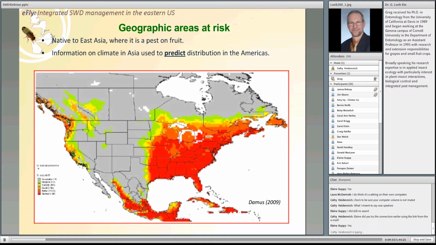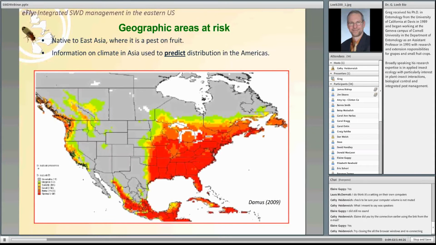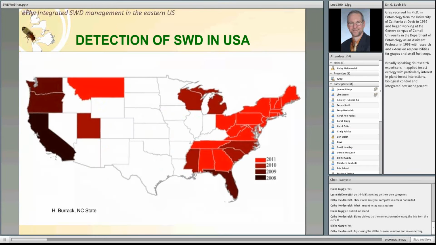So that was the prediction and projection in 2009, and at that time it was really only known from the west coast, and maybe they had an occurrence in Florida. And right here is the current known distribution of this pest, and it actually looks an awful lot like, if I go back, that projected distribution. The known distribution as of now is pretty similar to that.